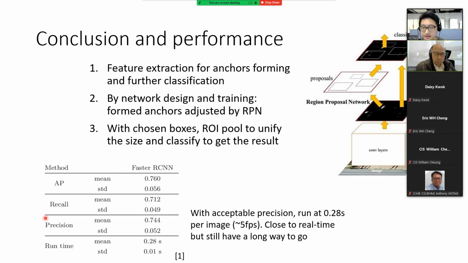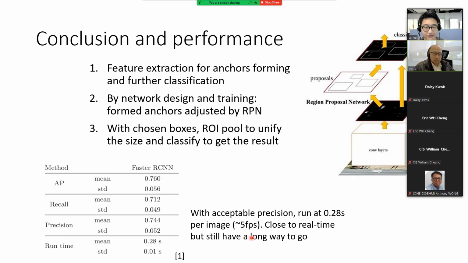Let's see the precision here. Fast R-CNN gets quite high precision. But the runtime is not ideal enough for real-time applications, since it takes around 0.2 seconds per frame, which is just around 5 FPS, not really close to real-time.